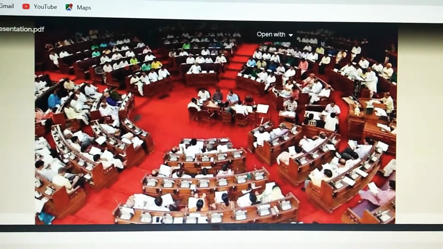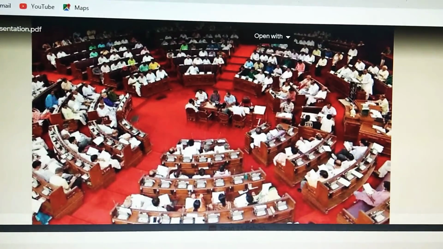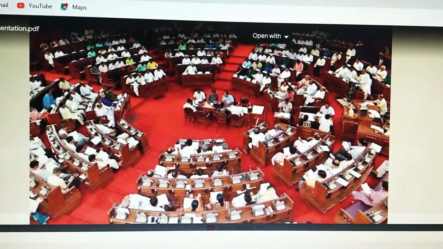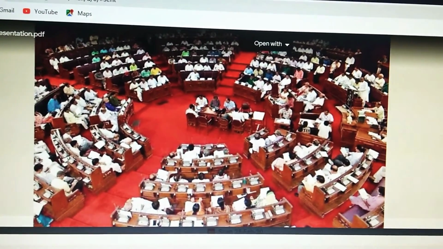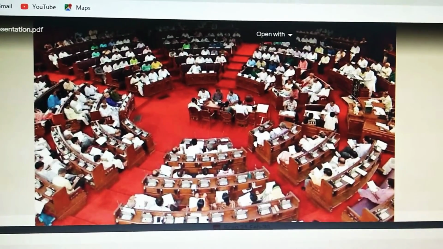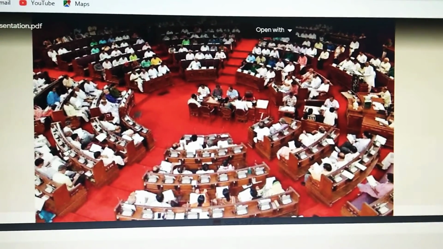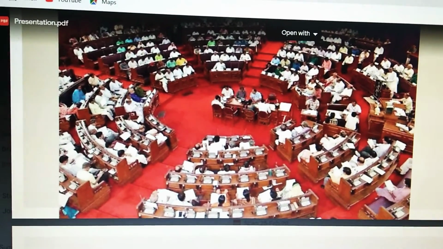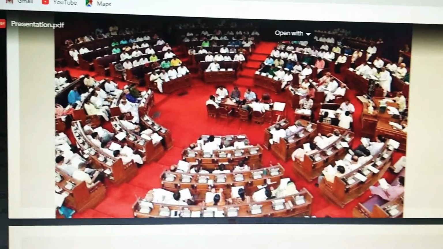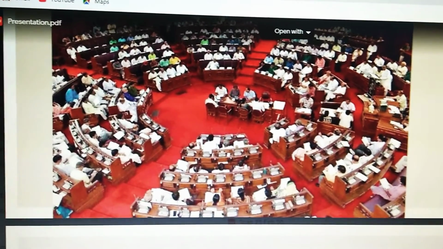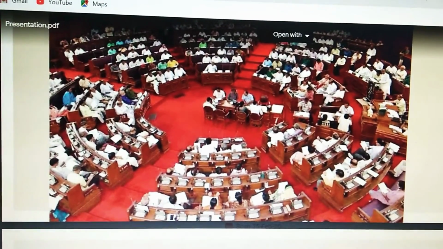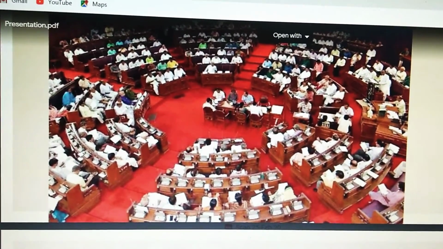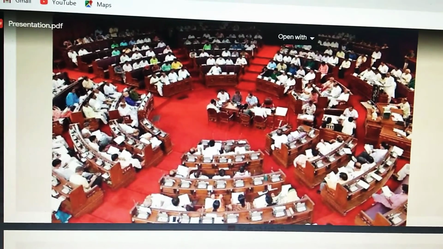Anglo-Indian communities are the people, those Britishers who stayed in India more than 10 to 15 years, never went back to England, and got the citizenship of India. So 2 members from the Anglo-Indian communities are nominated by the president to sit in the Lok Sabha and take part in its working.